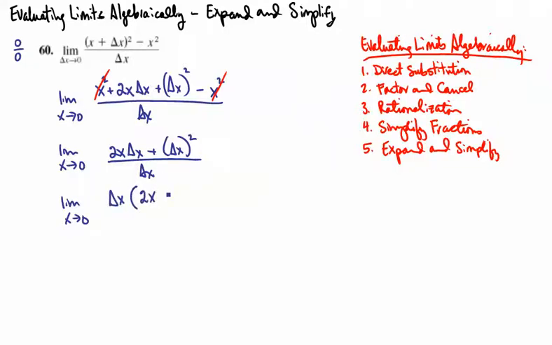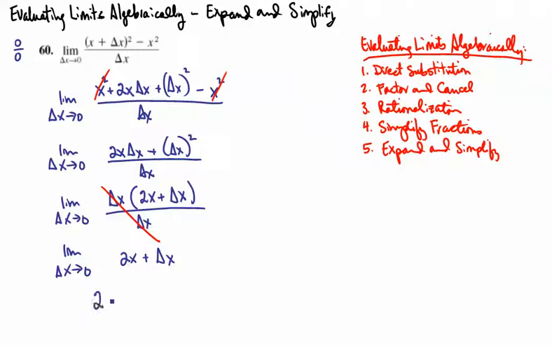That leaves us 2x plus delta x in the numerator, delta x in the denominator. Now we can cancel the delta x's, leaving us with limit as delta x approaches 0 of 2x plus delta x. We can now plug in delta x equals 0, and we end up with 2x.